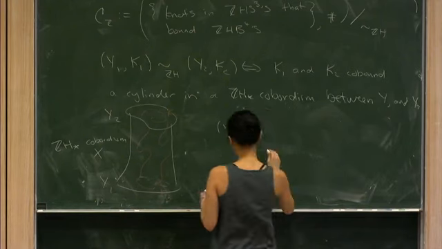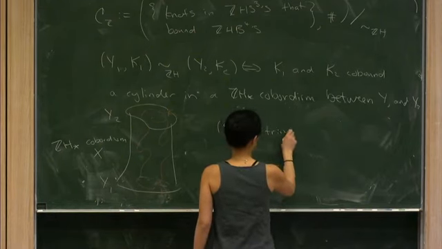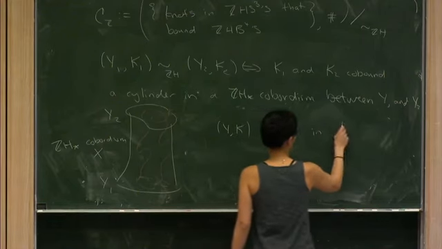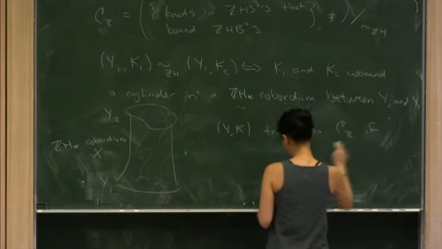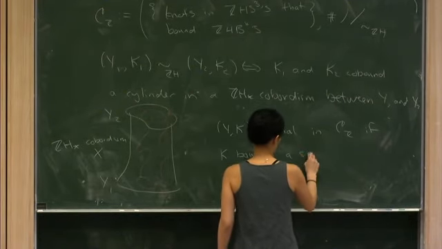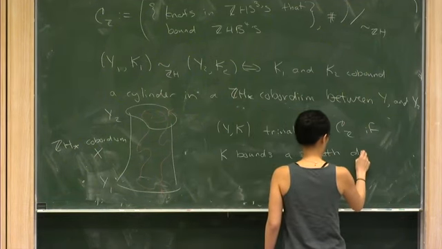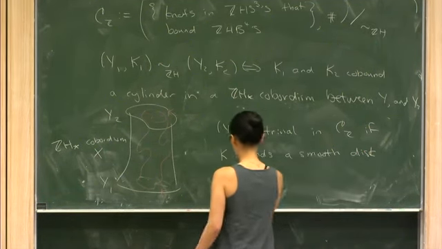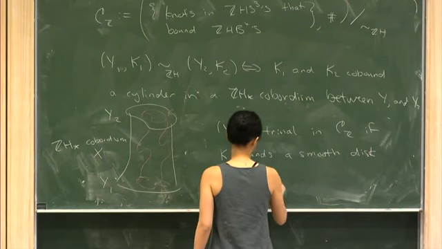So K in Y is the identity, or trivial, in this group if K bounds a smooth disk in an integer homology ball.